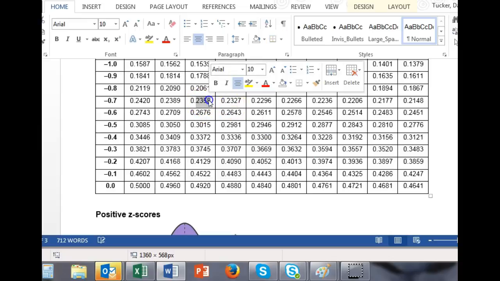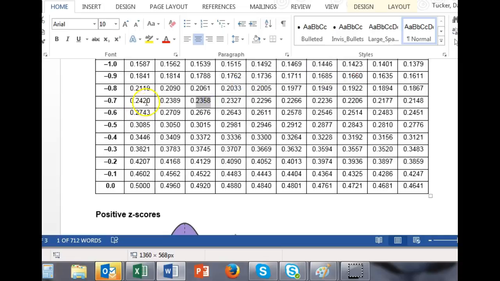There's 23%. There's 24. Then to the next line we go, and there's 25%. Now here's the thing. We don't have exactly 25%. We have 25.14% and we have 24.83%.